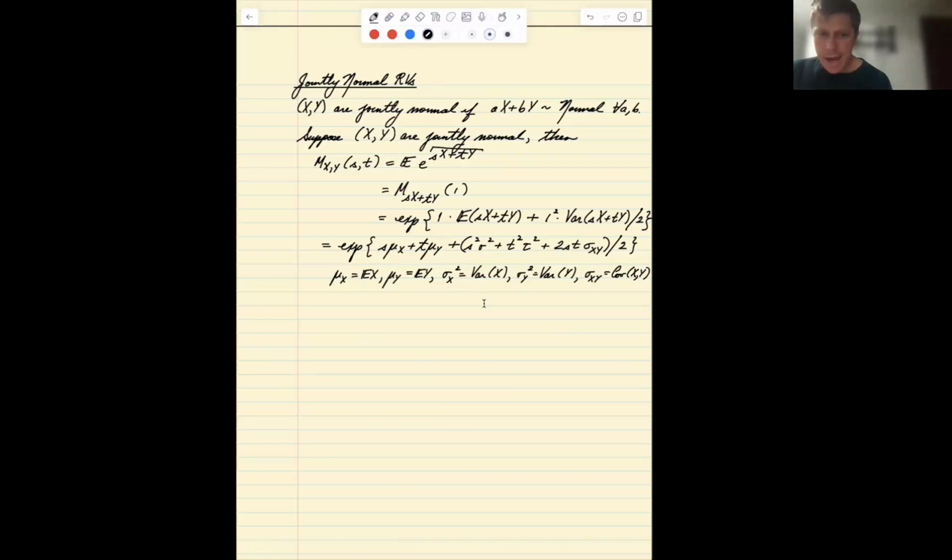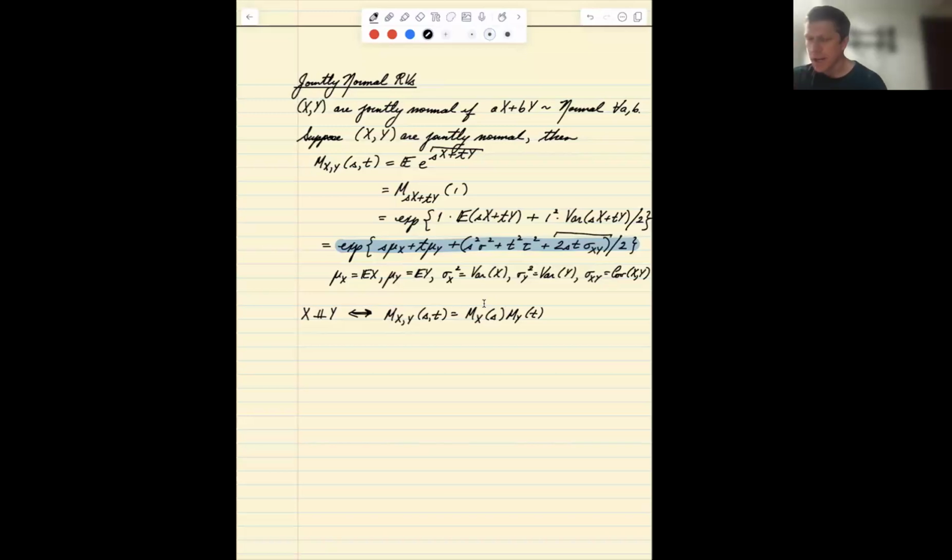Okay, and remember that X is independent of Y if and only if the joint moment generating function is the product of the marginals. But in this picture, since it's written as an exponential, we will have a product of marginals provided this term goes away.